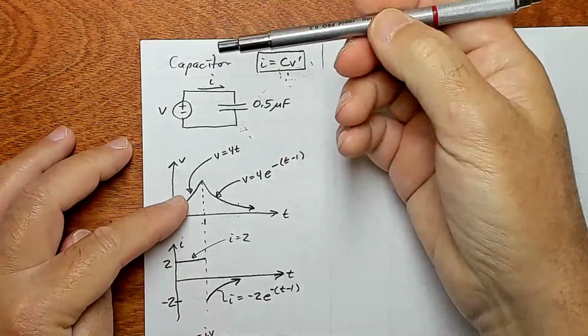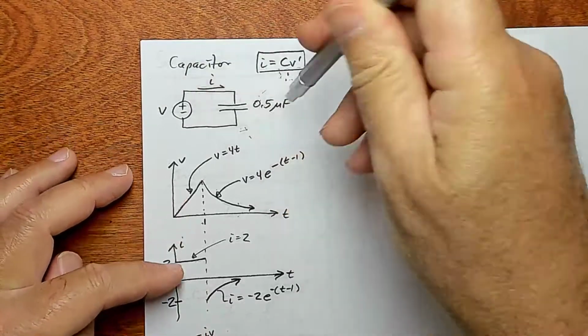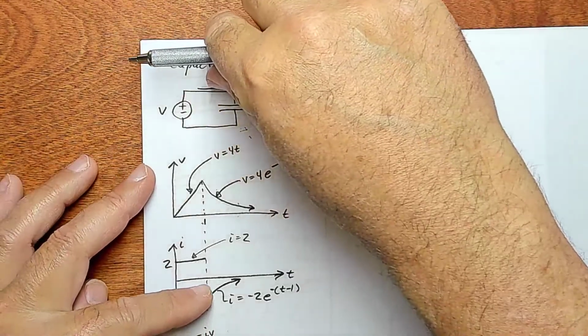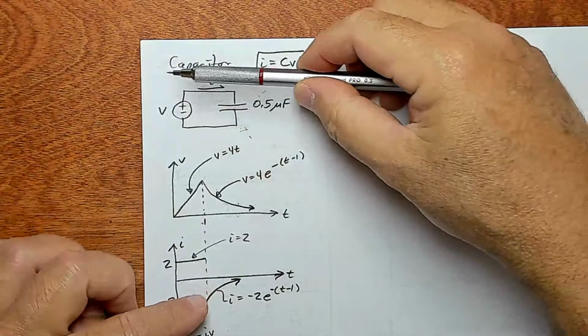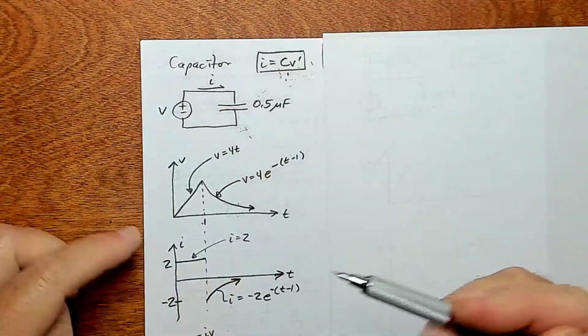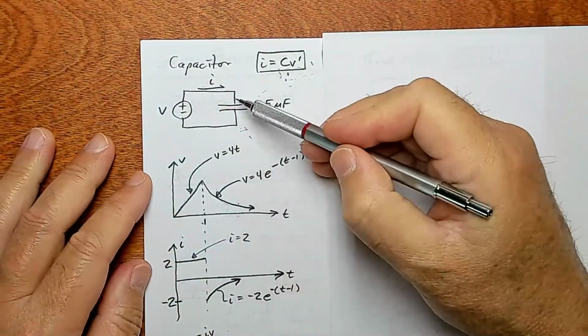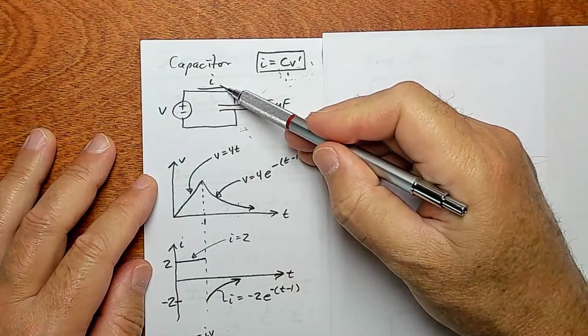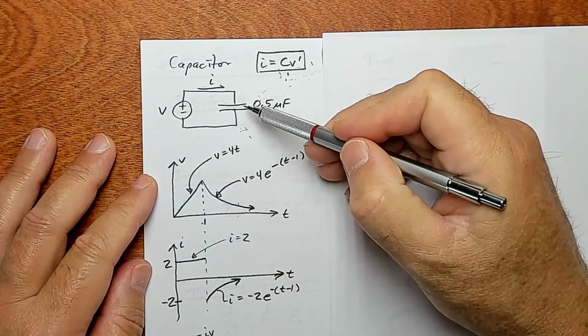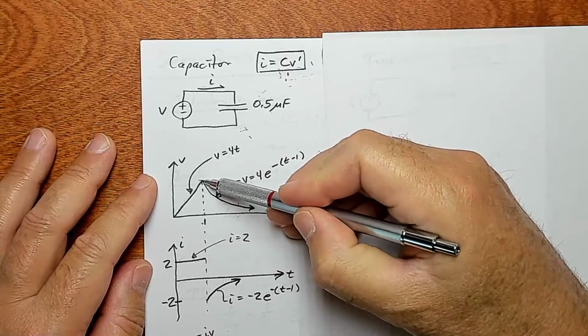So first it's going this way, then it flips direction and then decreases its magnitude down to 0. So current can flip direction instantly in a cap, but the voltage can't step.